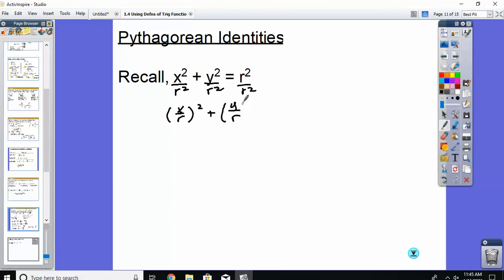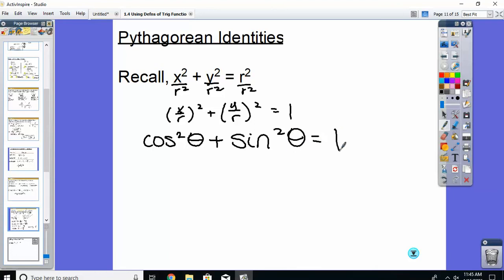This is y over r squared equals 1. What is x over r? Cosine. Y over r is sine, equals 1.